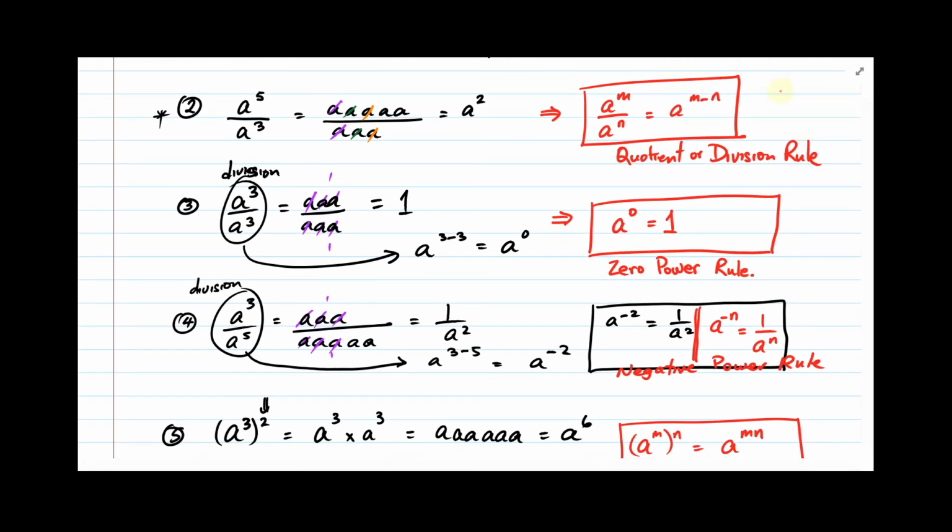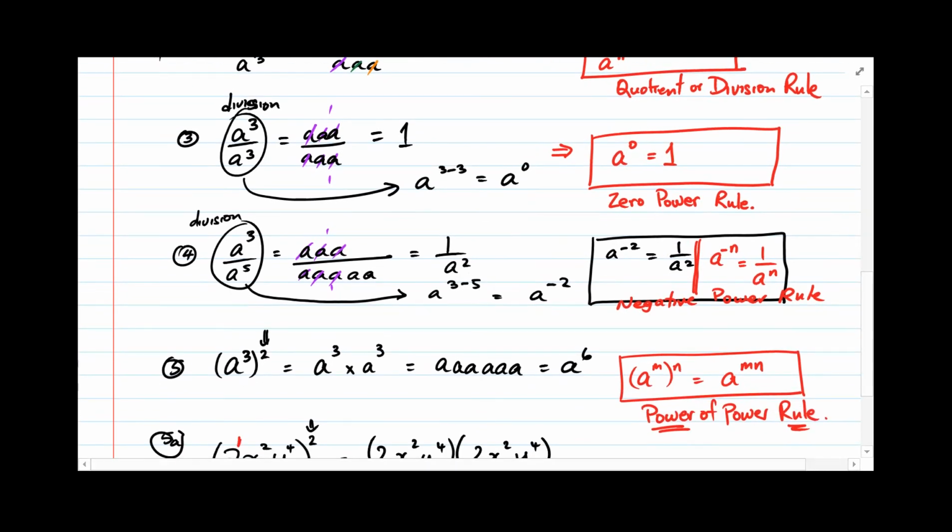We have the division or quotient rule, which tells us that if we're dividing terms with the same base, then we can simply subtract the powers. As long as it's not 0, if I have a base raised to the 0th power, it is equal to 1.